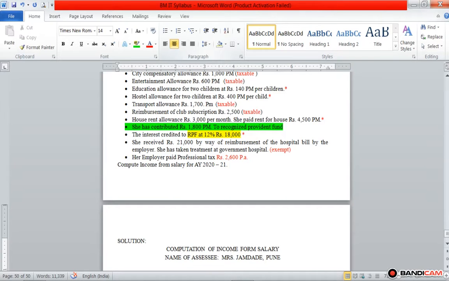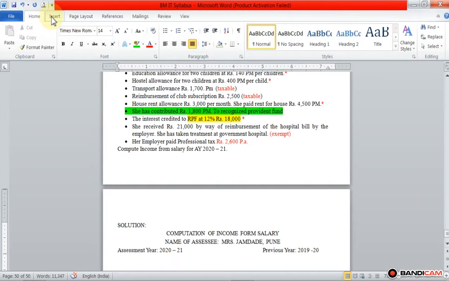Then assessment year 2020-21 and previous year 2019-20.